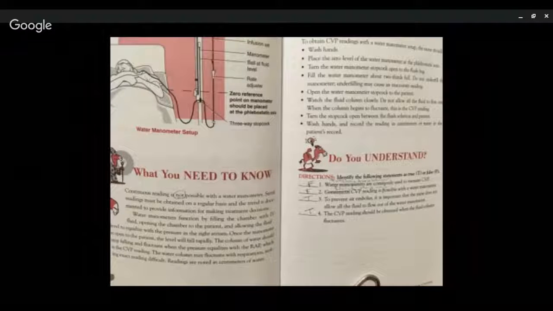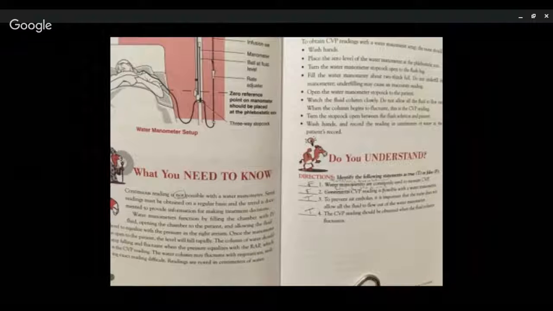To obtain CVP readings with a water manometer setup, you should wash your hands, place the zero level of the water manometer at the phlebostatic axis, turn the water manometer stopcock to the flush bag, and fill the water manometer about two-thirds full. Do not underfill the manometer. Underfilling may cause an inaccurate reading.